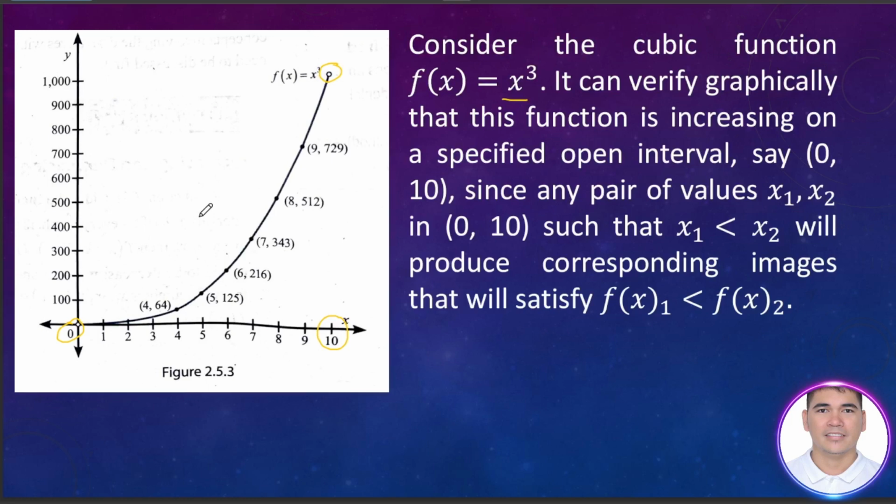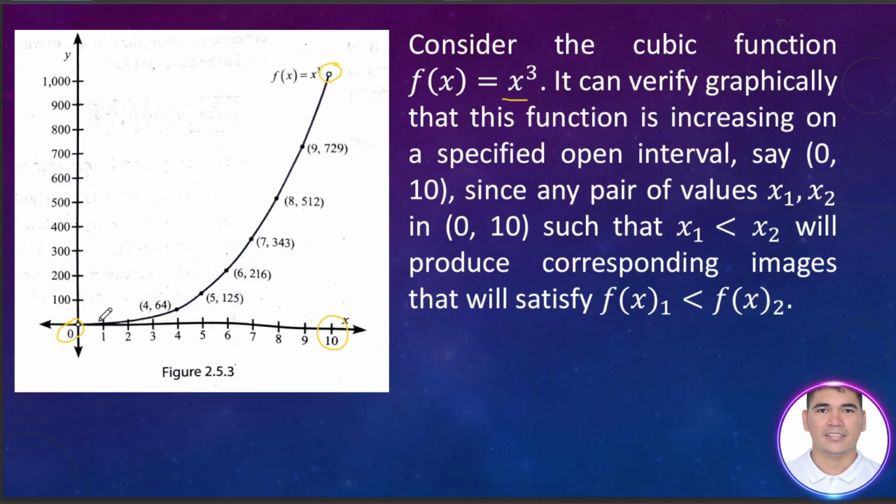Since for any pair of values x sub 1 and x sub 2 in the open interval 0 to 10 such that x sub 1 is less than x sub 2, the corresponding values will also satisfy f of x sub 1 being less than f of x sub 2.